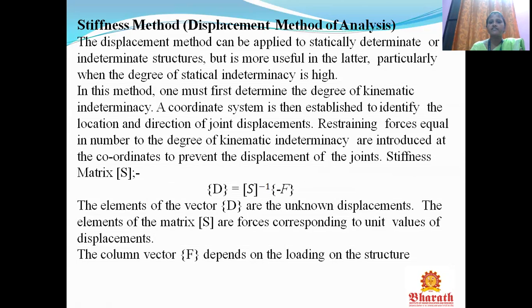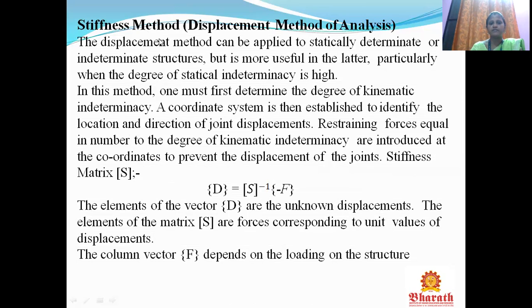Next, a coordinate system is established to identify the locations. Afterwards we have to find the joint displacement. Next, restraining forces equal in number to the degree of kinematic indeterminacy are introduced in the coordinates to prevent the displacement of joints.